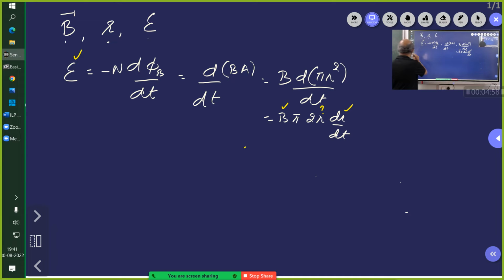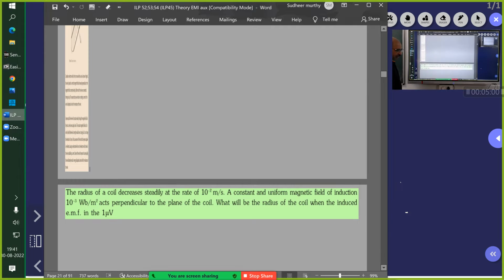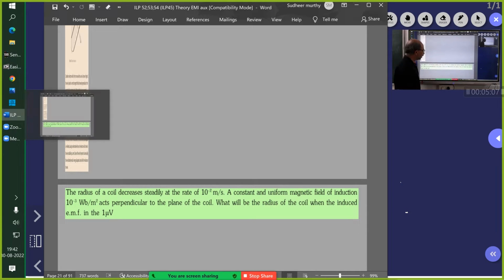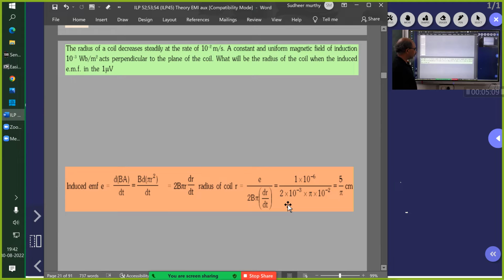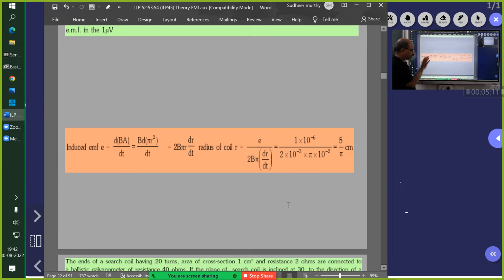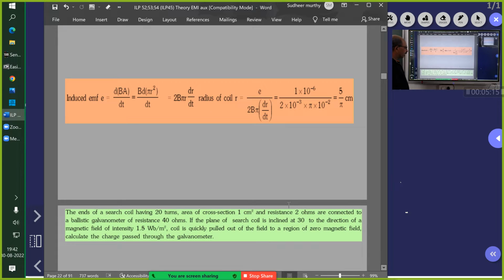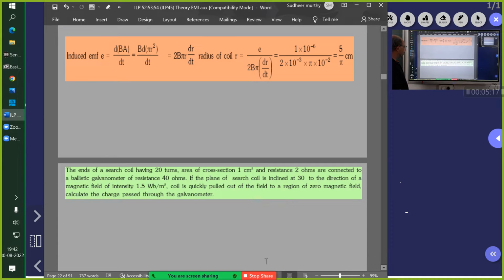Correct? Now don't spend time solving the sum. If the strategy is right, let's move forward. I have collected very good numericals to give you conceptual clarity. Yes, so our strategy is correct. Now go on to the next problem.